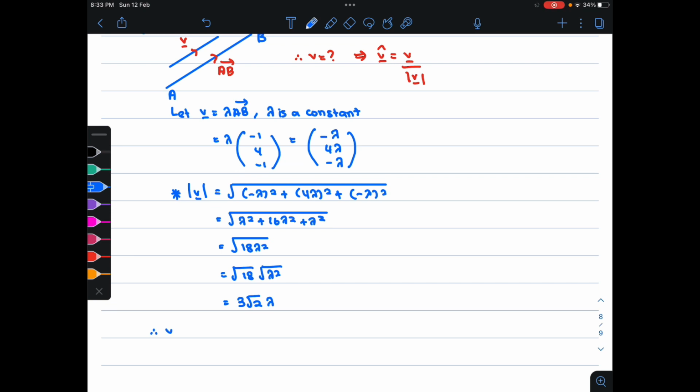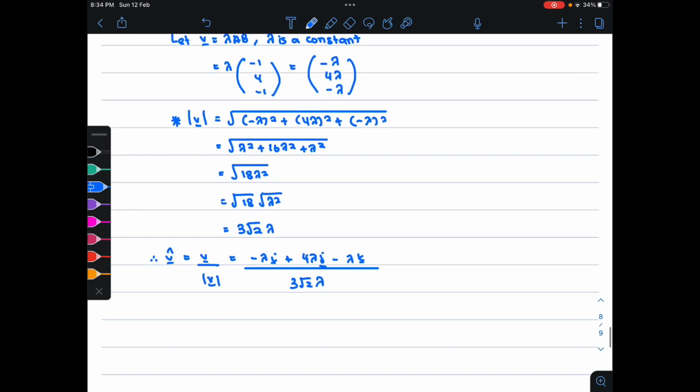And hence, the unit vector V hat is vector V divided by its magnitude. And note that we can actually factorize lambda from the numerator, which will give us lambda times negative i plus 4j minus k.